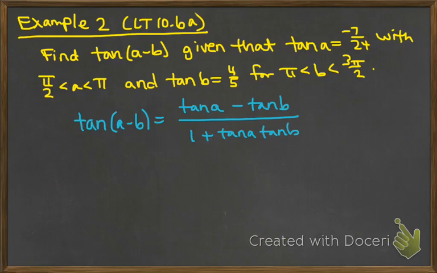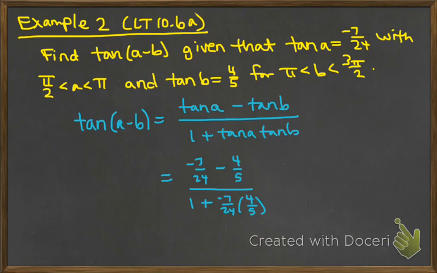And now it's just a matter of plugging those things in that they gave us up above in the directions. So tangent of A, they said, was negative 7 24ths, minus B, which is 4/5, all over 1 plus the tangent of A, so negative 7 24ths, times B, which is 4/5.